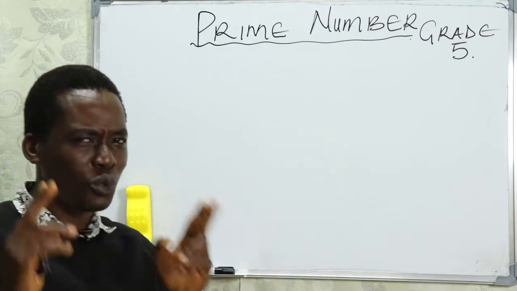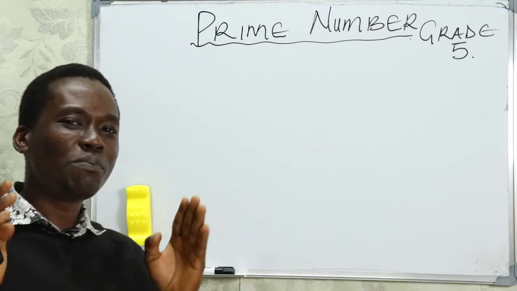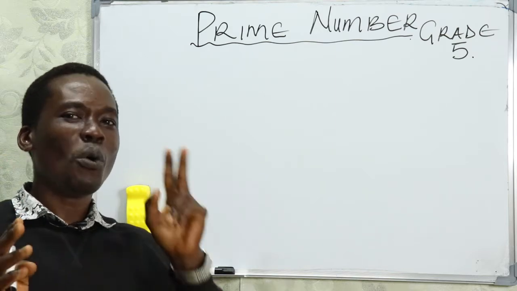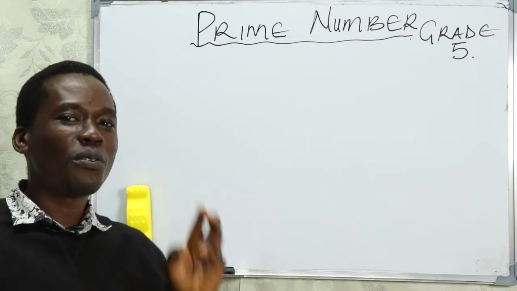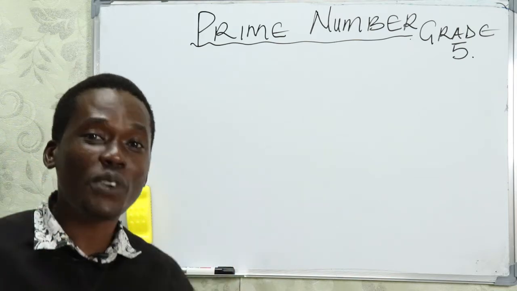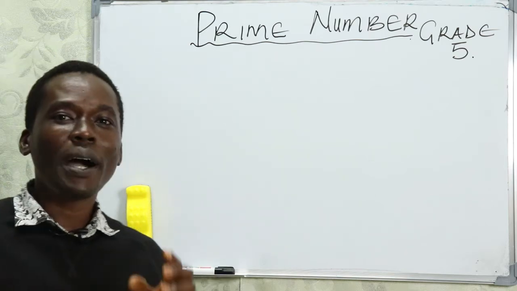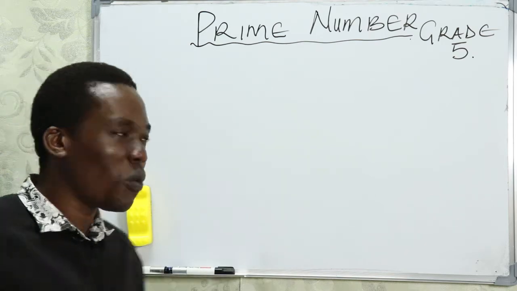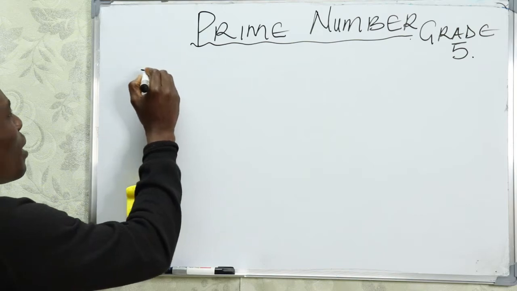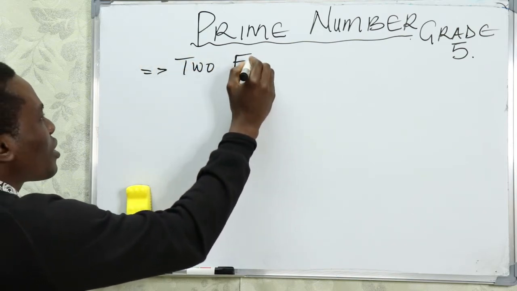Now take note of these two criteria. A prime number must be divided by itself and 1. That means a prime number must have 2 factors, and those factors are itself and 1.